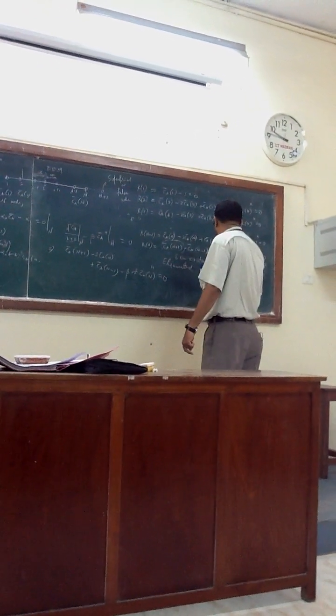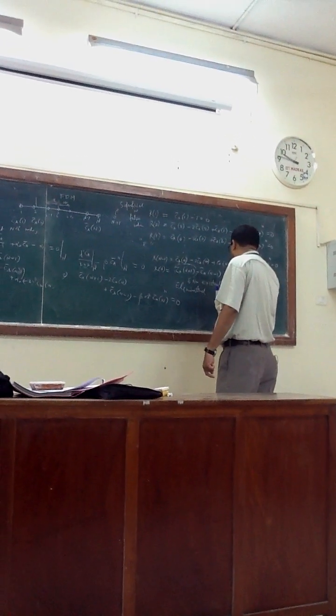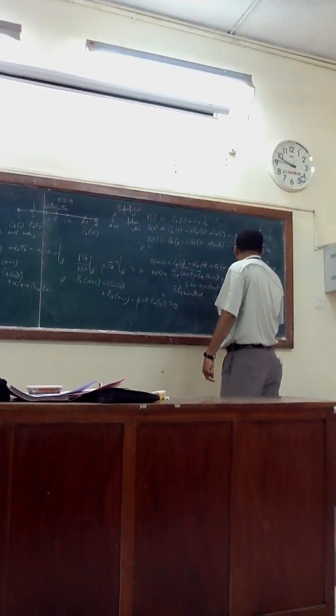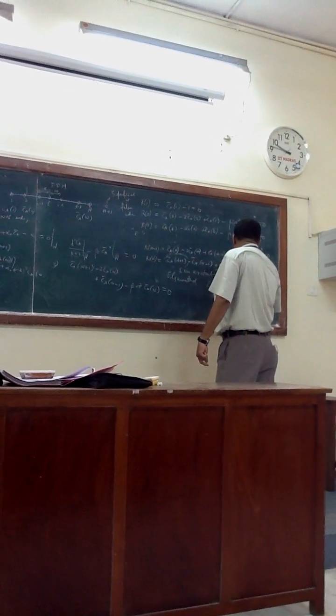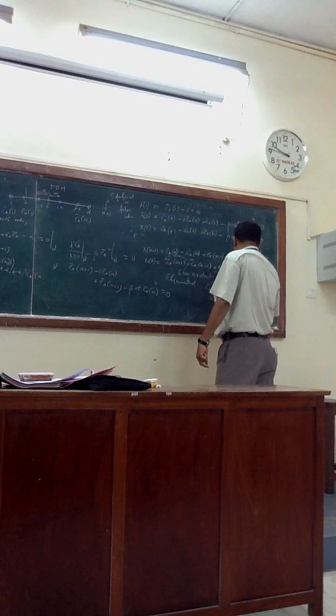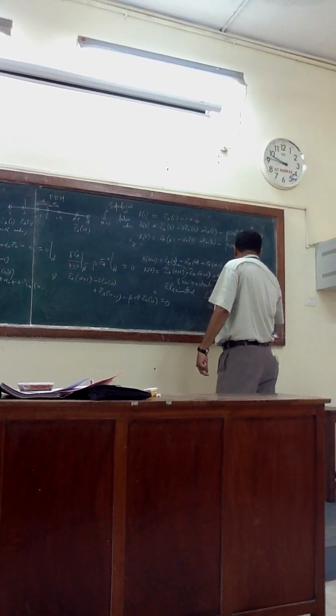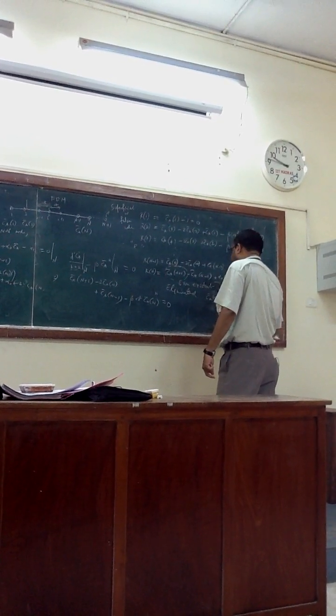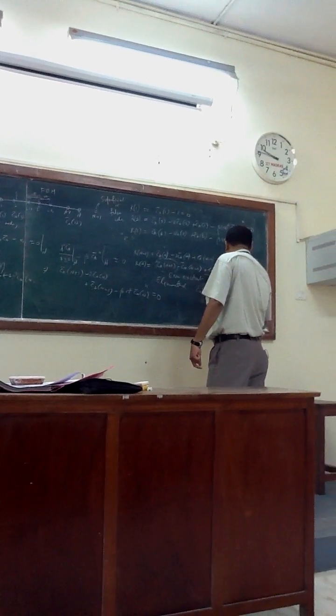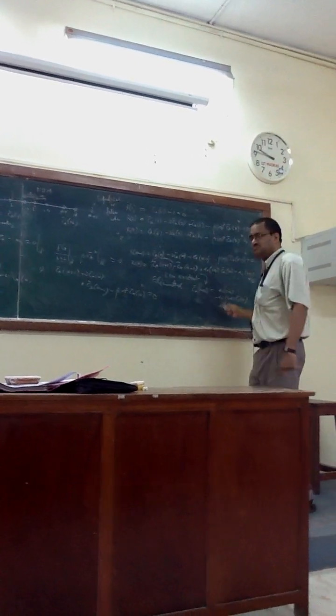From here, one can write CA bar n plus 1 equals to alpha 1 2 delta z minus alpha 0 2 delta z CA bar n plus CA bar n minus 1.